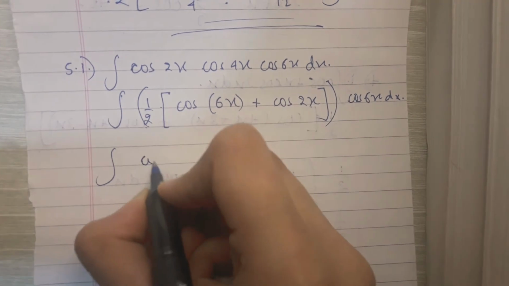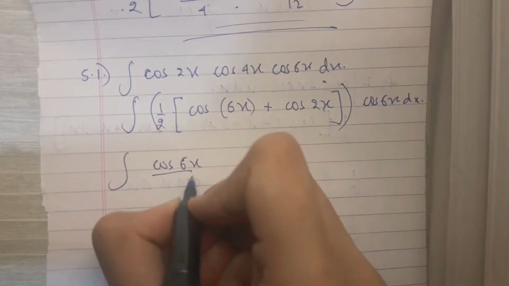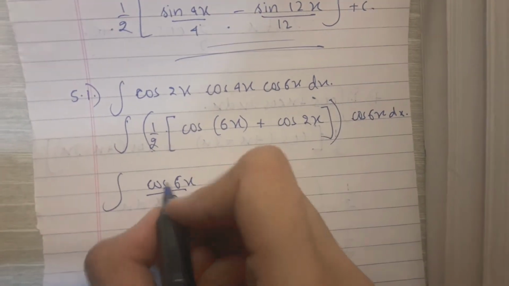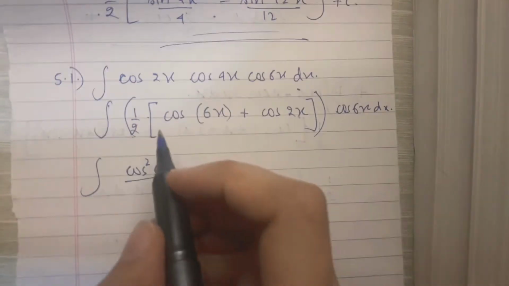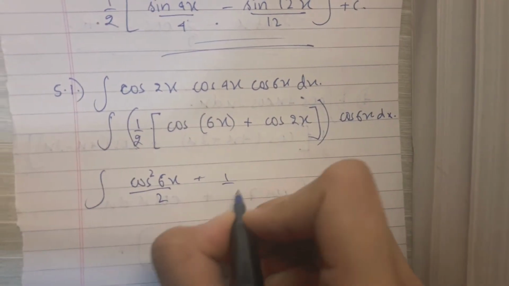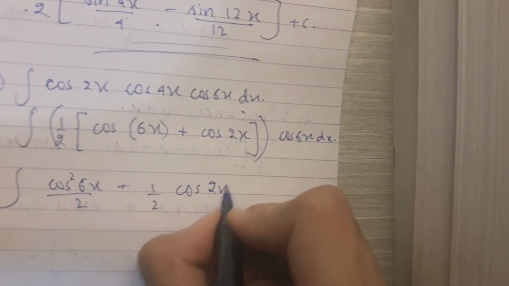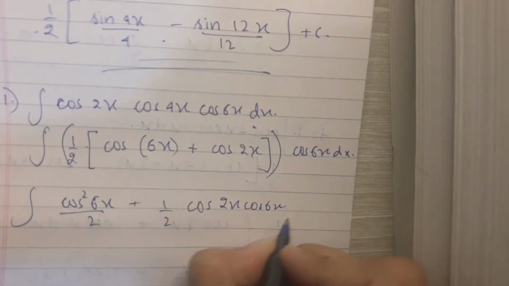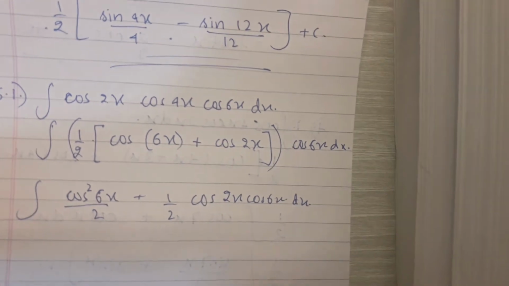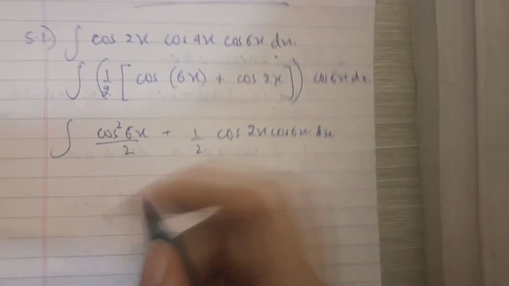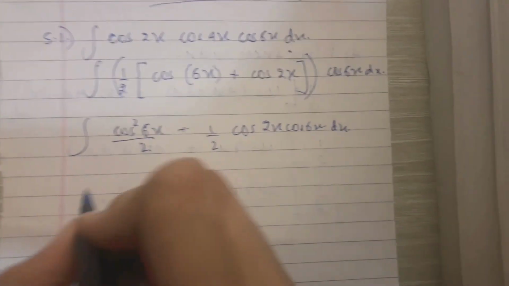So this becomes cos 6x by 2 cos square, because you have to multiply this angle 2, plus half of cos 2x cos 6x. Okay, now you can take this as two different terms.